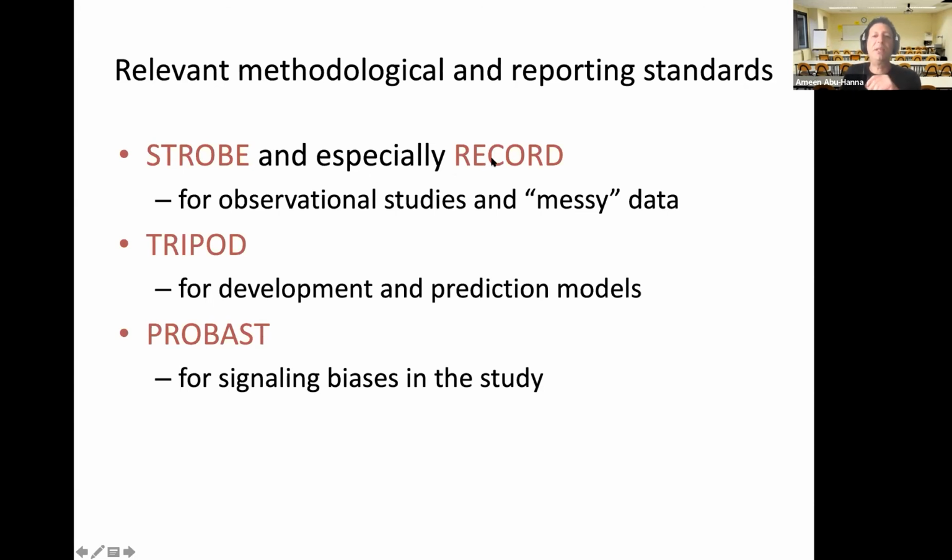There's a RECORD statement, which is a specific specialization of STROBE. So this RECORD statement, you can look at it, you can search for it. It tells you what to report. So if you did data linkage between two data sets, how much did you lose in this matching?